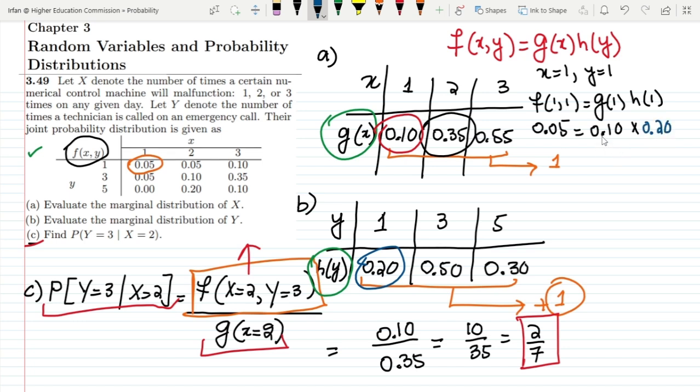Multiplying these two together, you will see that these two values are not equivalent to each other. So f11 is not equal to g1 times h1, which says that the two random variables x and y are dependent of each other and are not independent. So that is the solution of the question.